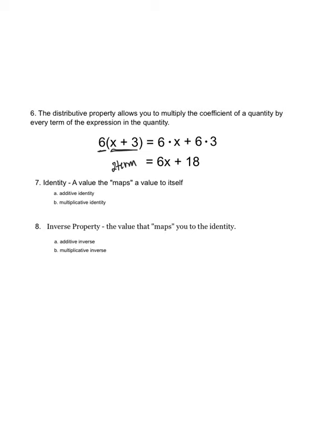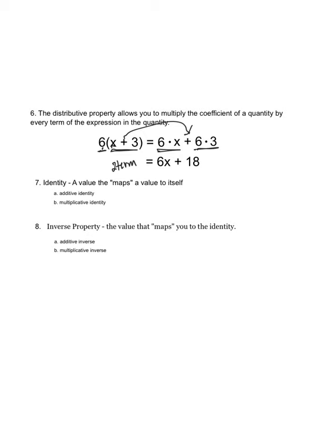So in this case, the x and the 3 both need to be multiplied by the 6. This is the distributive property. So I multiply the 6 times the x, and I multiply the 6 times the 3. 6 times x, 6 times 3, and of course it's added, so I leave the plus in there, and I get 6x plus 18. Every term in the quantity needs to be multiplied by the value that the quantity is being multiplied by.